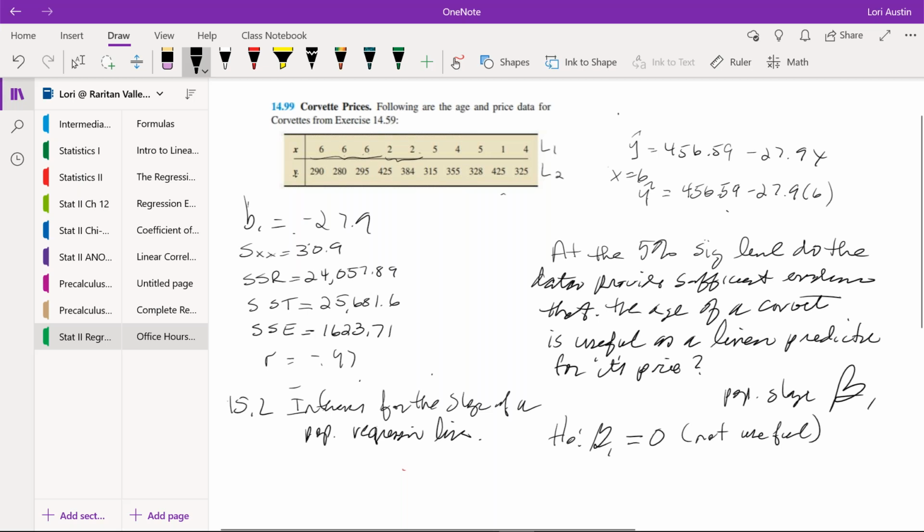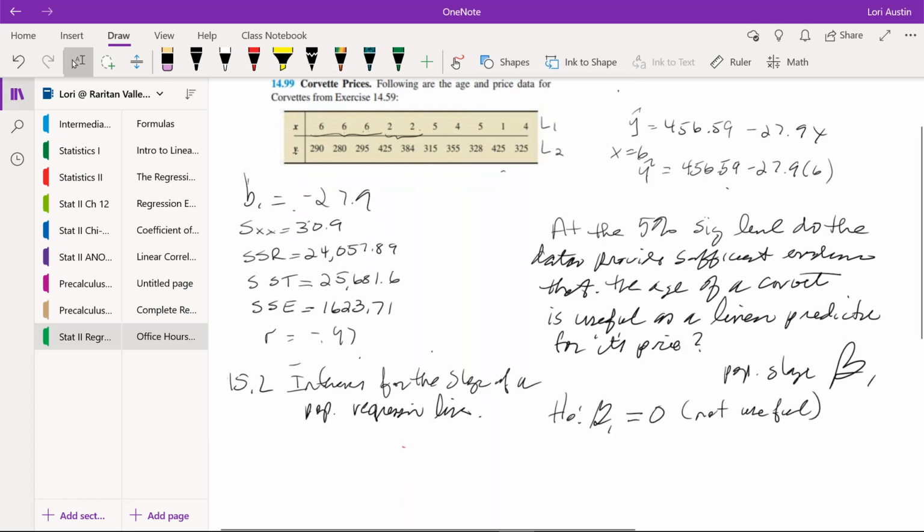So 0 slope means it's not useful. So we start with the assumption there's a 0 slope. Then we're going to see if there is enough evidence in our data to say that our slope is not 0. It does not matter negative or positive. You're never going to use less than 0 or greater than 0. This is the only alternate hypothesis that you're going to use for usefulness. This tells us our regression line is useful.